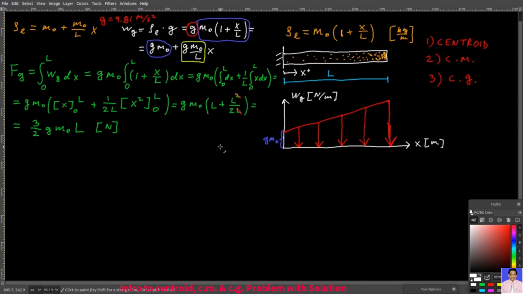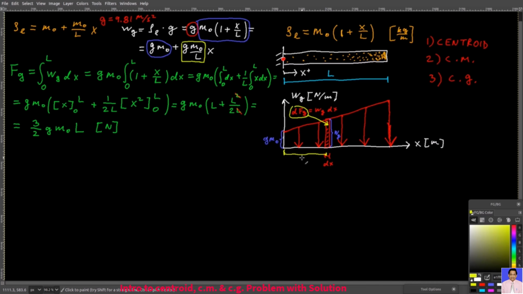And now, let's calculate the moment due to this distribution about the point at the beginning of this beam. And so if you had your differential area here, you had dx here, Wg is the height, and then dFg equals Wg times dx. That's the differential area here.